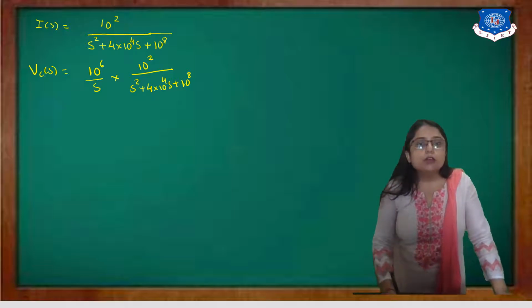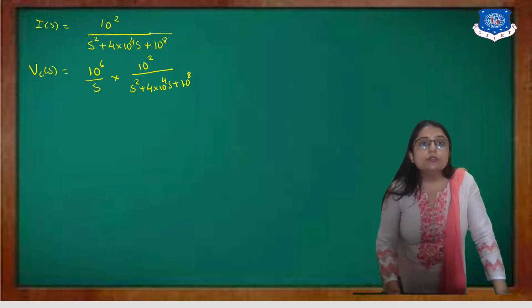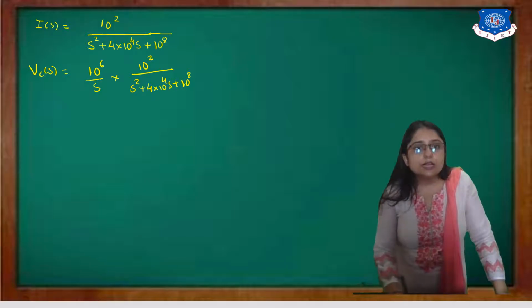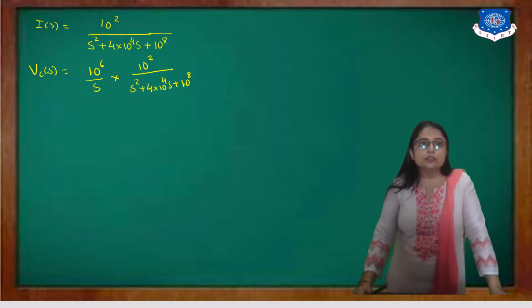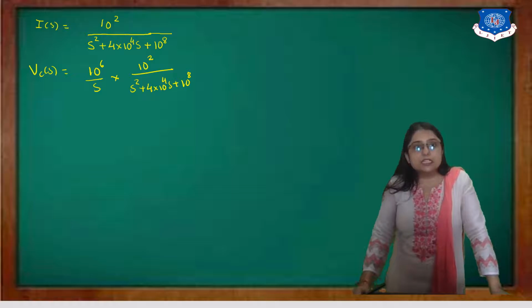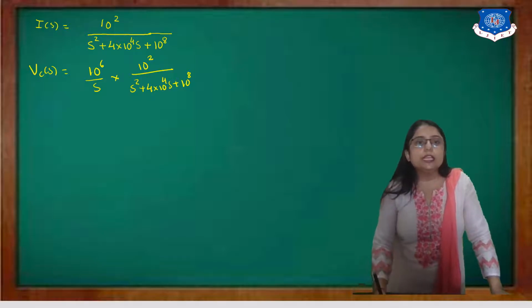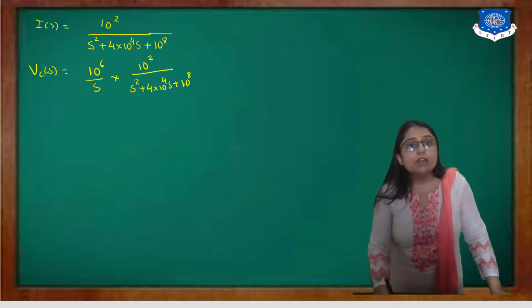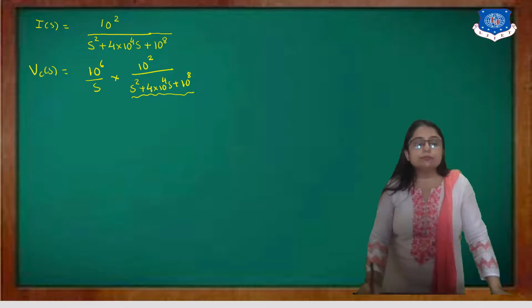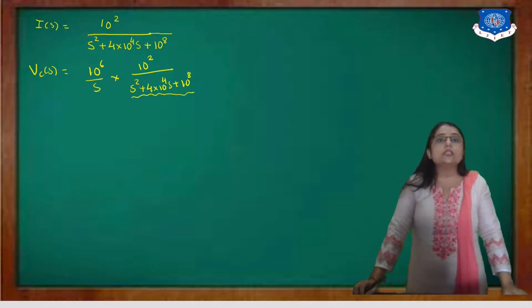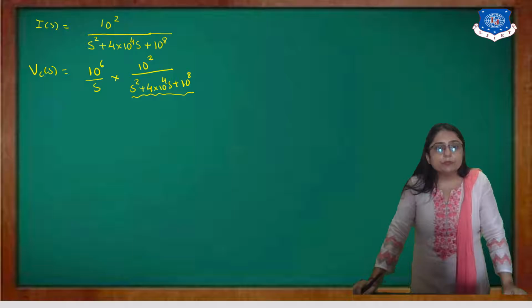Alright. Now what we want to do is take the inverse Laplace of this function. But as such, there is no direct formula that will give you the inverse Laplace. So which method do we have to use? That is partial fraction. That is A upon S, and here we have an S square, that means we have to use BS plus C, if you remember.